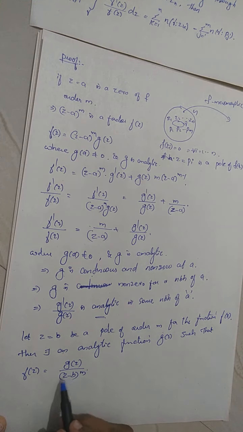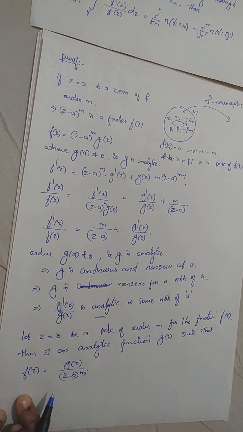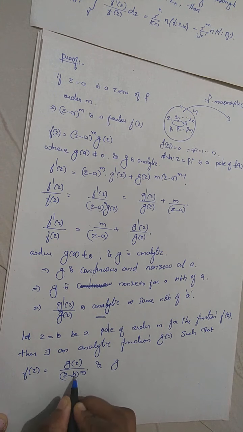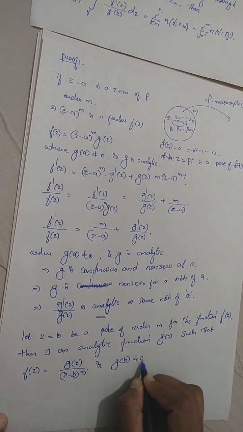So when the denominator has the term (z minus b) raised to m, then z equal to b will be a pole of order m for the function f z, because zeros of the denominator are the poles or singularities. And g at the point b is non-zero.